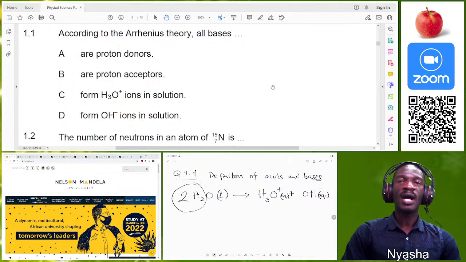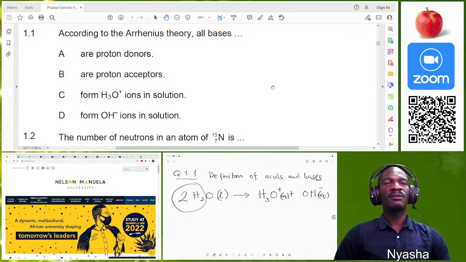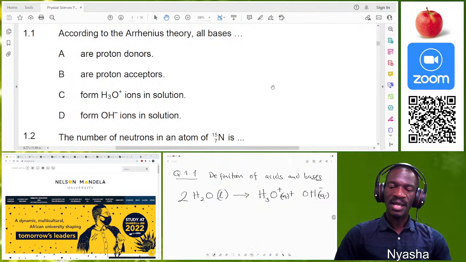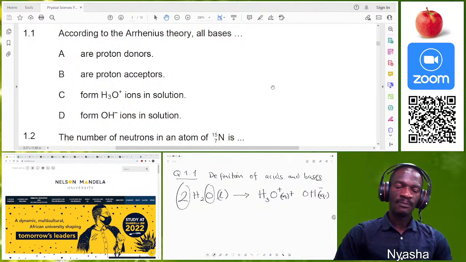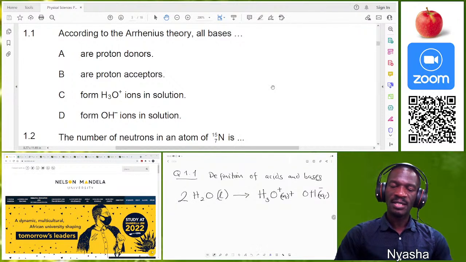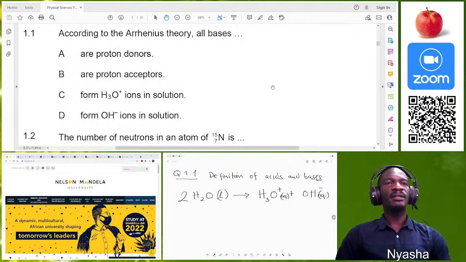We have 4 hydrogens on the left-hand side. We have 4 hydrogens on the right-hand side. Our equation is balanced. We have 2 oxygens on the left-hand side, 2 oxygens on the right-hand side. So we're happy. We now have all our species in the correct quantities, and our equation is balanced.